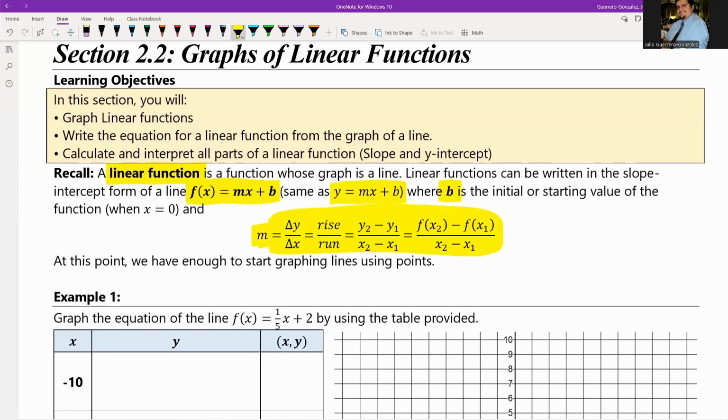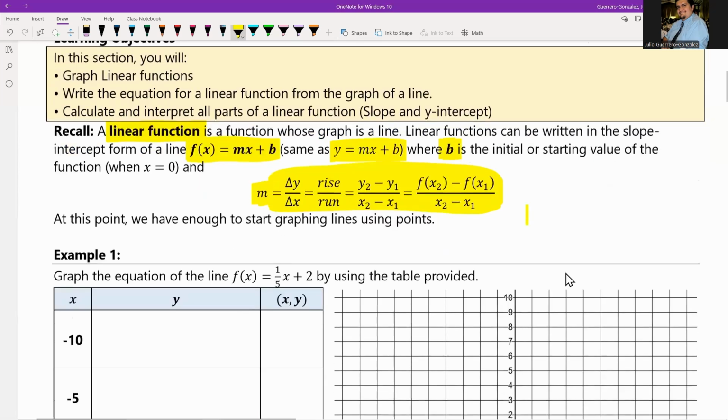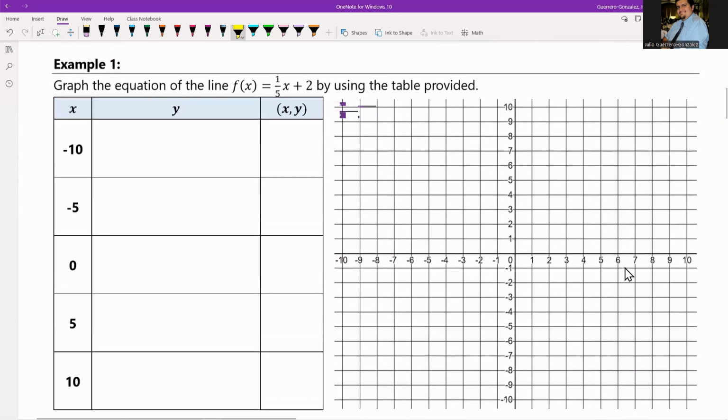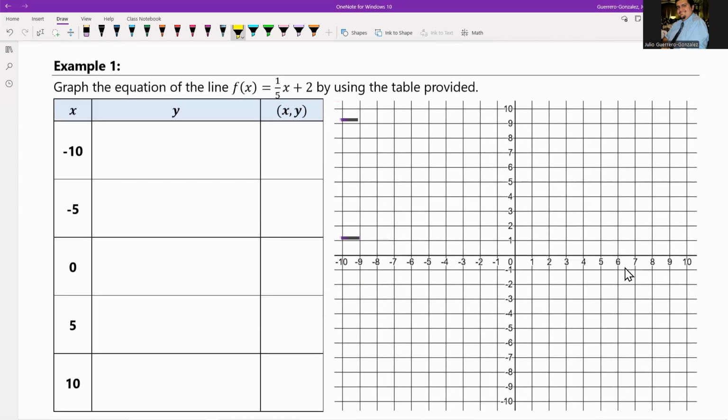So let's first go to example 1 and start graphing some stuff. For any graph, not only for linear functions but for any function you can possibly conceive, you can just grab x values, throw them in your function, get y values out, and you have an ordered pair.